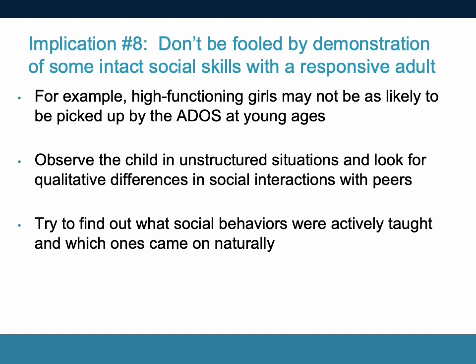And it's quite possible that really bright girls are going to show their best selves in some of the diagnostic contexts we tend to use, at least in the clinical world, such as the Autism Diagnostic Observation Schedule, where we are one-on-one with a child with a structured set of activities. It may be more fruitful to observe the child in unstructured situations with very little adult involvement and look for those qualitative differences in social interactions.